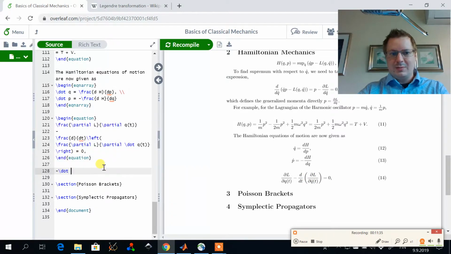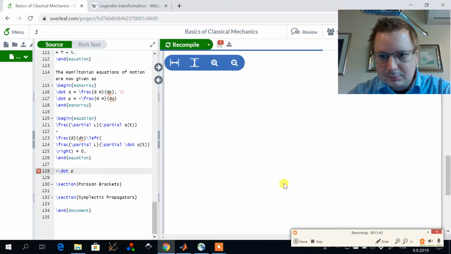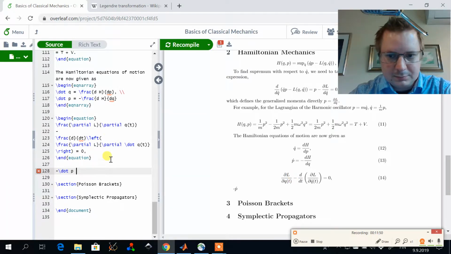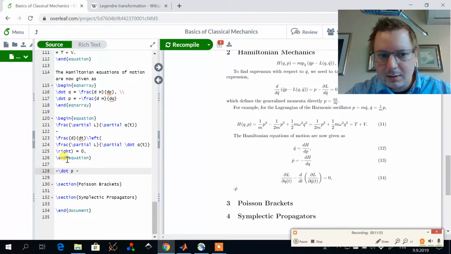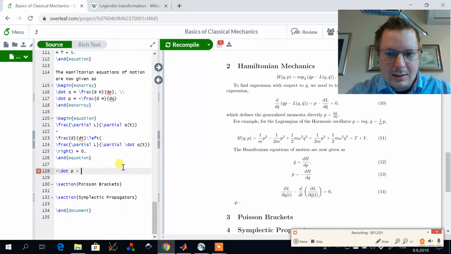So we have the time derivative of p, minus the time derivative of L with respect to q.